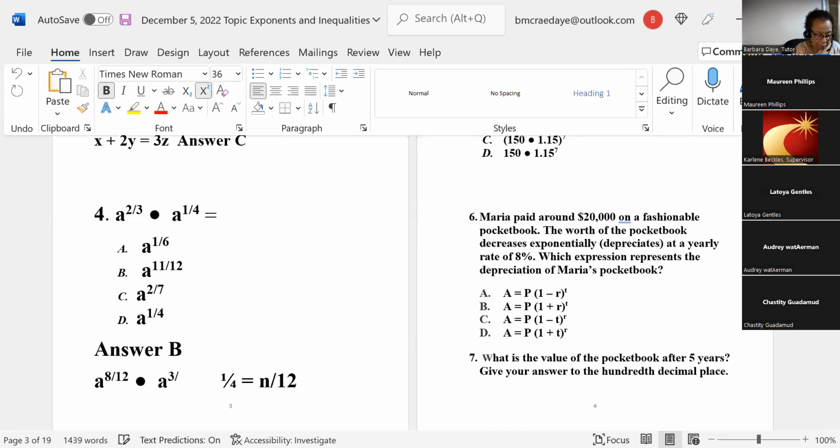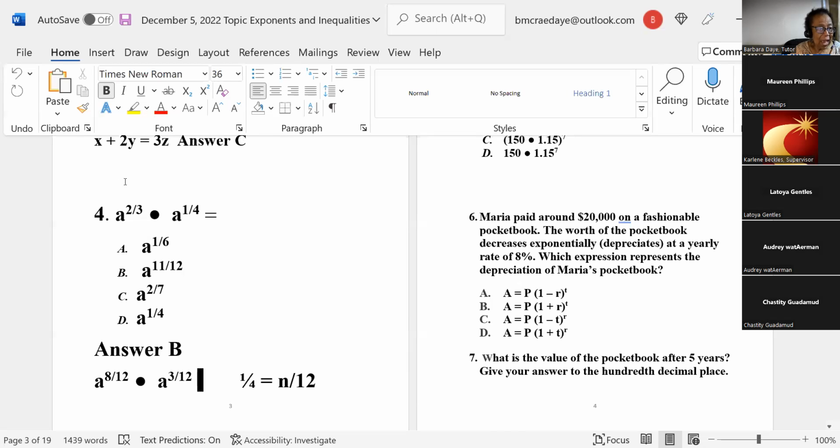You're just expressing both powers over the same denominator. So then when you add the 8 over 12 plus 3 over 12, you get 11 over 12, right? That's what you did. You made your denominators the same. That way you could add them.